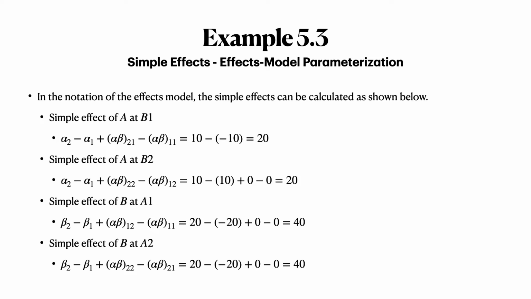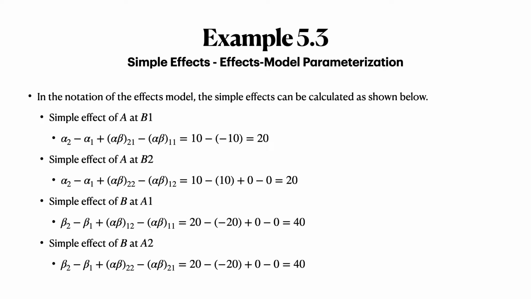Now, in the notation of the effects model, the simple effects can be calculated as shown on this slide. For example, the simple effect of A at the first level of B turns out to be equal to alpha 2 minus alpha 1 plus alpha beta 21 minus alpha beta 11.